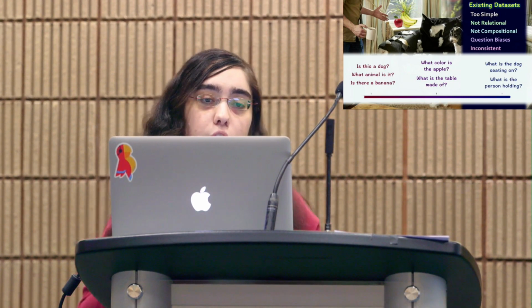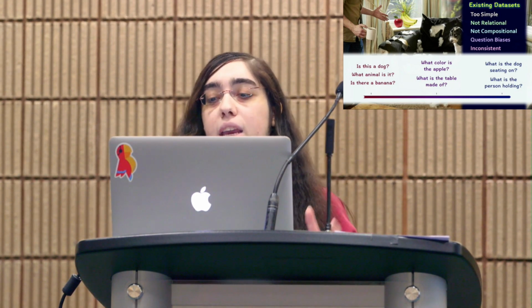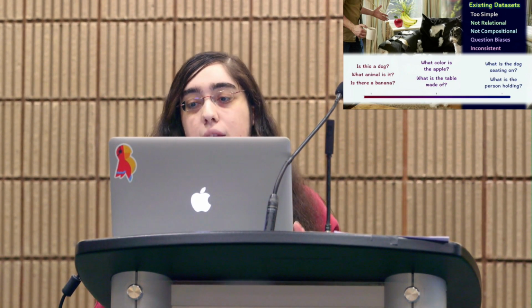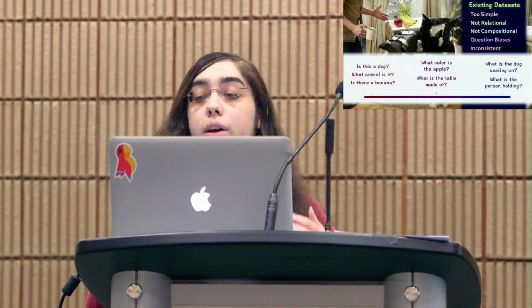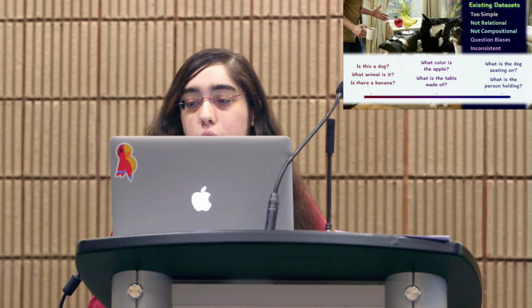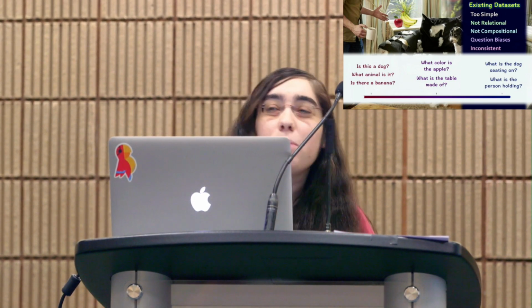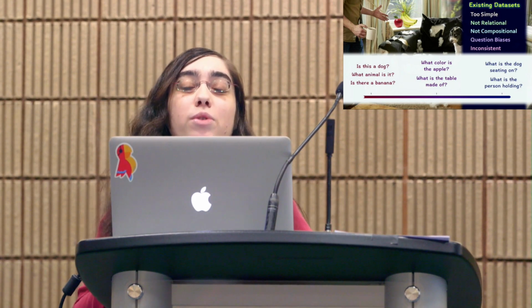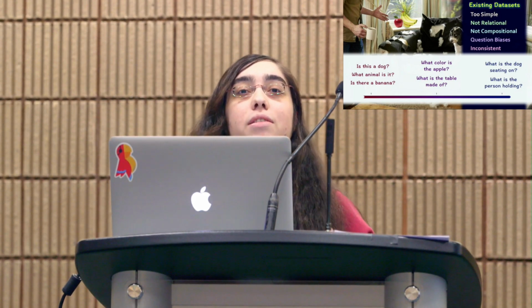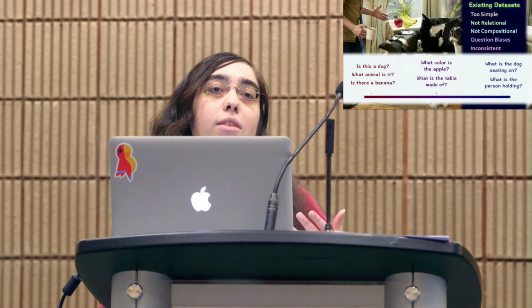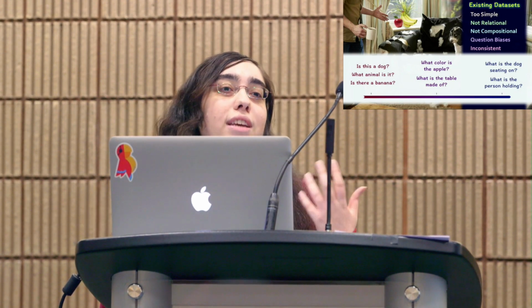Another main problem with existing VQA datasets is that they have very strong and dominant question biases. For instance, if I ask you what color is the apple, usually the answer will be red or green. And usually tables are made of wood. It turns out that models can take advantage of all of these world biases and many times make educated guesses without really looking at the image.